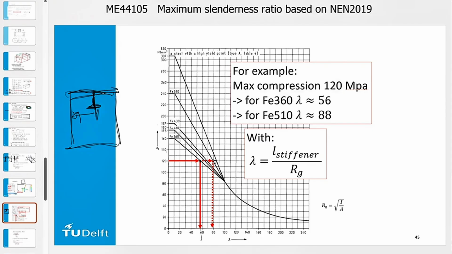Because if I have a stiffener here, the stiffener can buckle. If I have a constant compression stress here, then my stiffener plus plate together can buckle as well. So if I make a hand calculation for my stiffener plus my plate together, instead of calculating the buckling risk, I can calculate the maximum slenderness I have. And the slenderness is then the beam plus the plate.